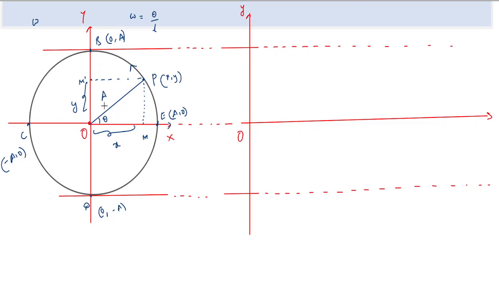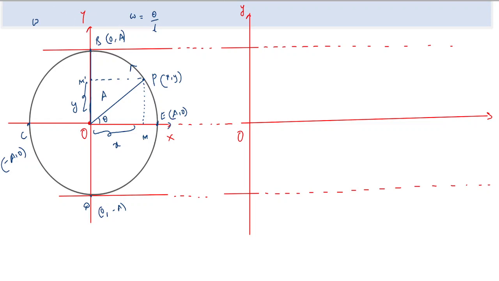When the particle is moving along the circle from E to B, the value of y is increasing continuously, as seen by the blue line here. When the particle goes towards point B, y is maximum.